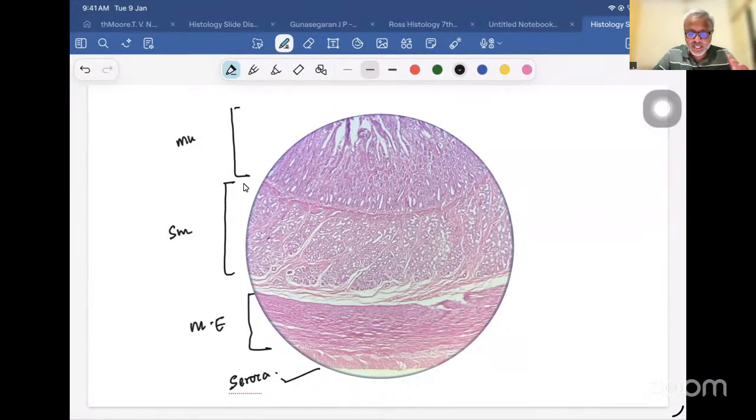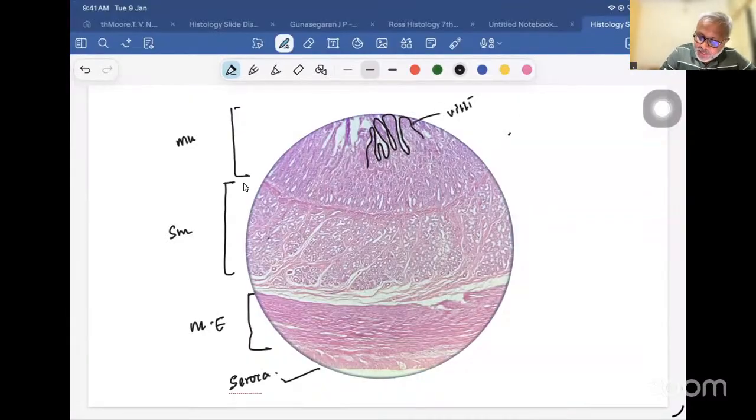Now, what are the characteristic features? The first characteristic feature we will observe is these finger-like projections. Now, what exactly are these finger-like projections? These finger-like projections are what we refer to as villi.